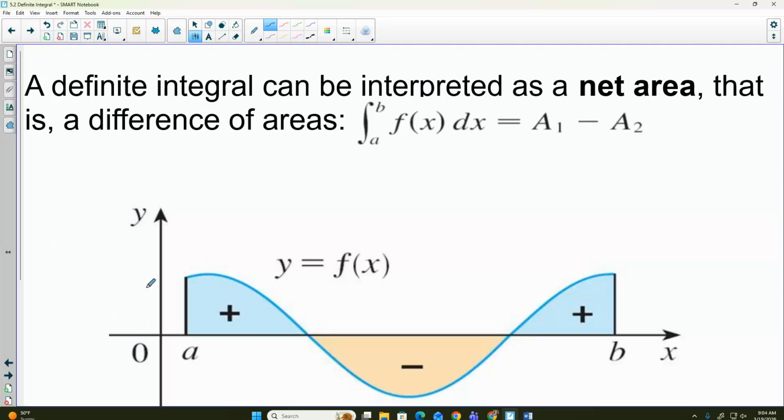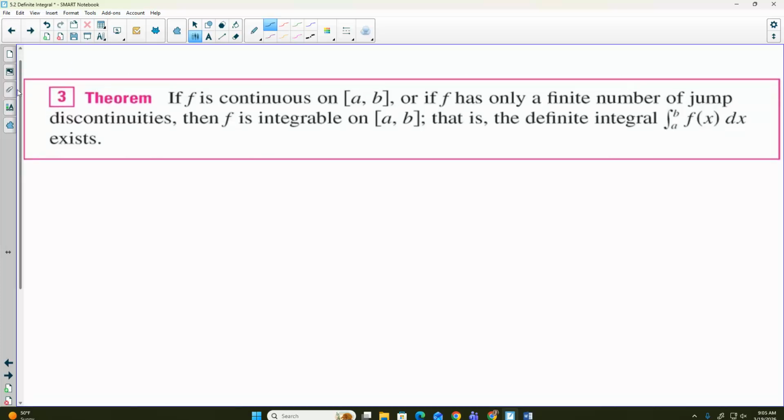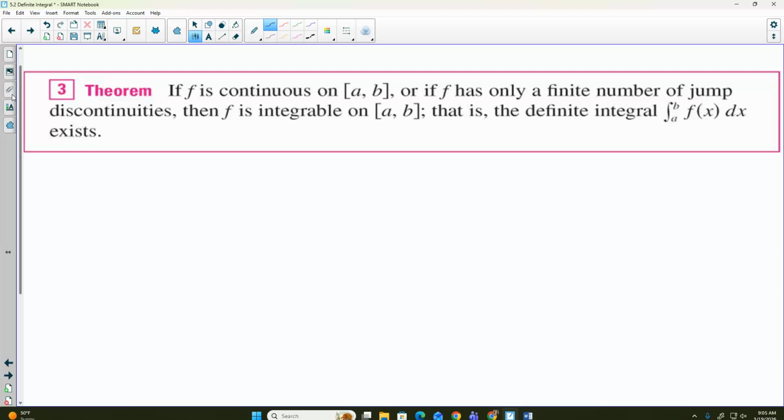So we will be focusing on that probably more next week. We'll get into dealing with the positive and the negative area. The integral is going to take care of everything for us. We don't really have to separate them out. It's only when we have an absolute value function or something different that we're going to have to adjust.